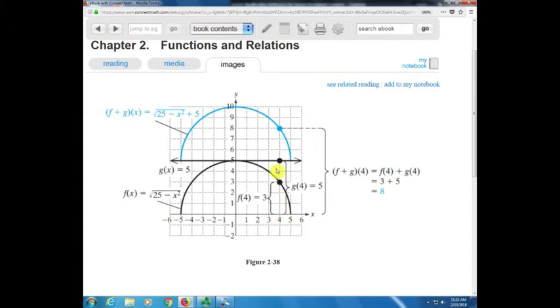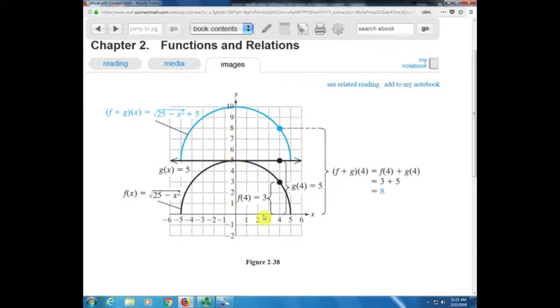When my x is 4, the y is 5, which is here. This blue function is them added together. So this is 3 plus the 5 to come up here to the 8. So that is all the function is doing. You have this one plus this one to give me this one.